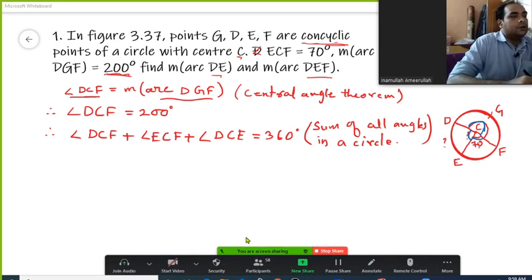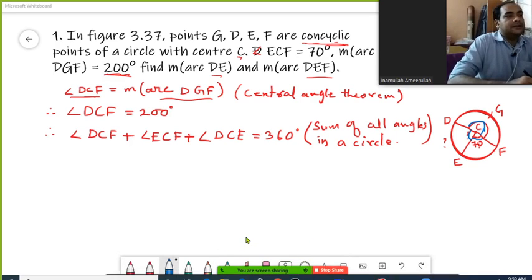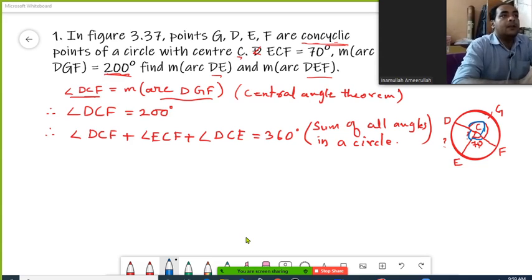On adding these three angles, it completes the entire angle of the circle, which should be 360 degrees. That's why we wrote this equation: DCF plus ECF plus DCE is equal to 360 degrees. Reason is sum of all the angles in a circle.